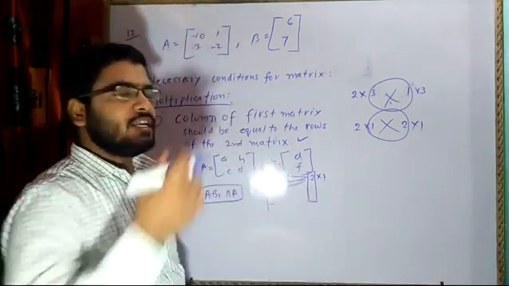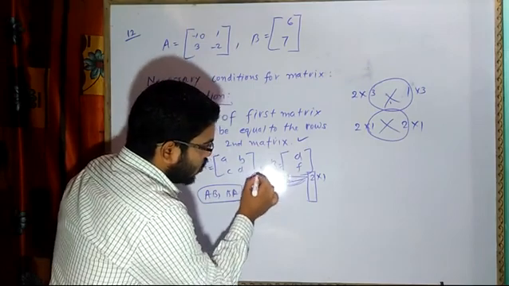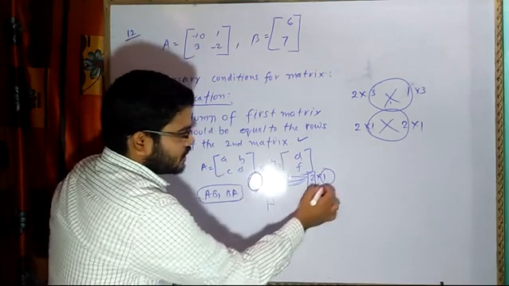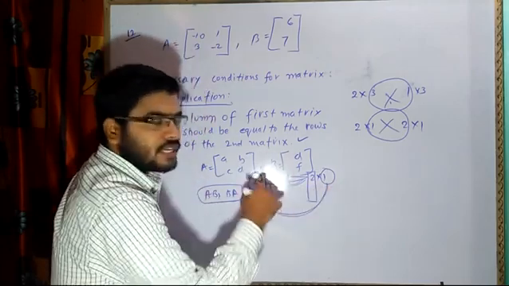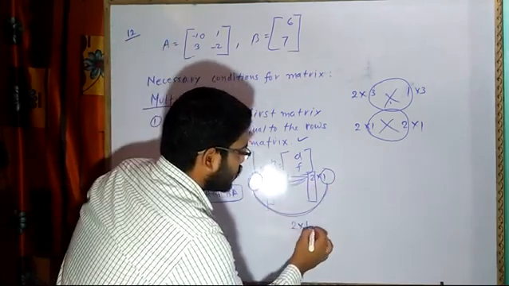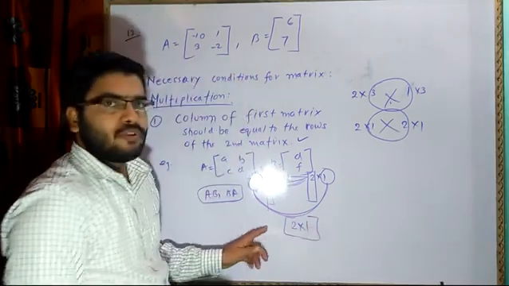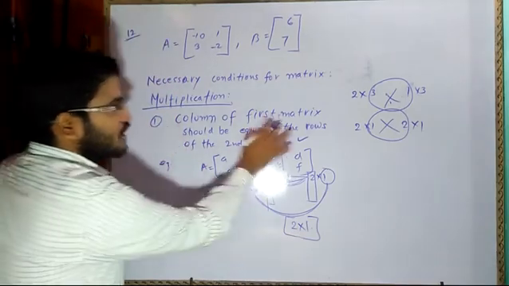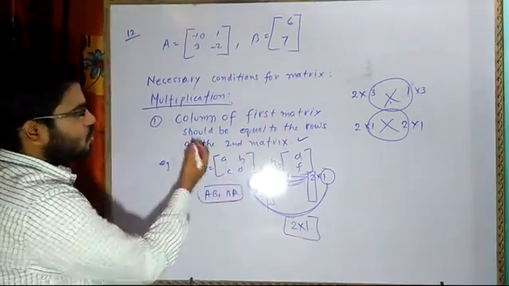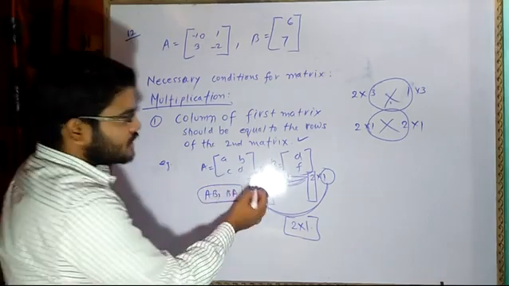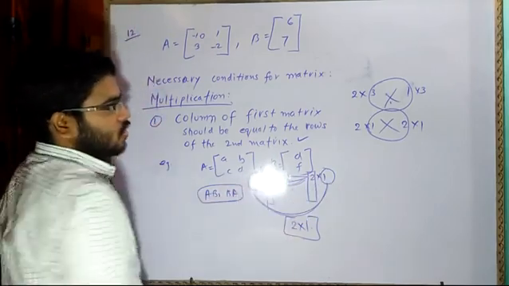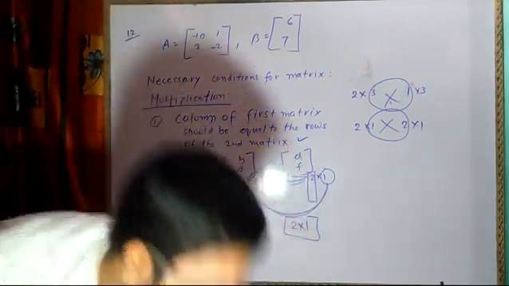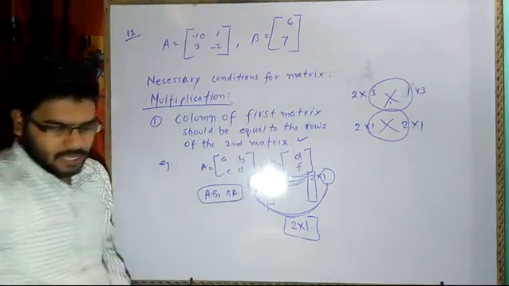That value will be decided by the rows of the first matrix and the columns of the second matrix. So your resultant matrix order will be 2 cross 1, so your answer will have 2 rows and 1 column. So this was the first condition. Second hint for the order: order will be decided by the first row and the second column. Now let's begin how to multiply this. For this, let me clean the board so that I will be able to explain in this portion.